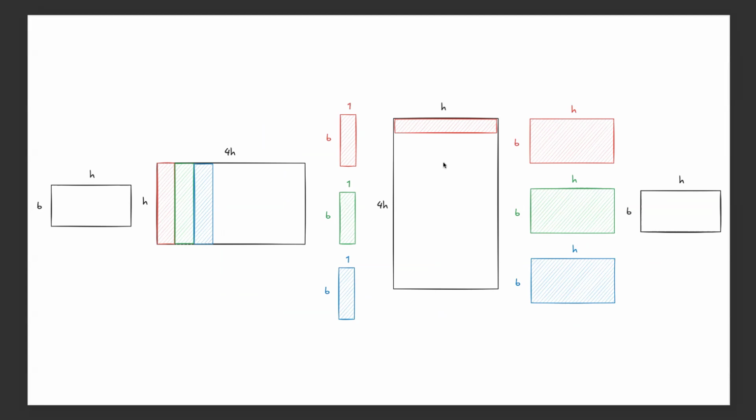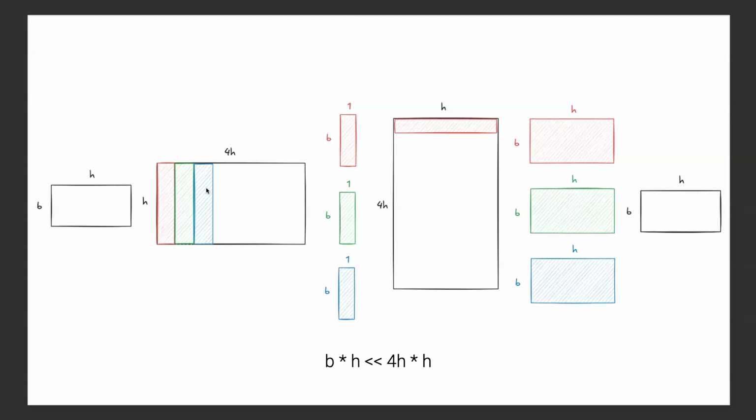Then when we do another multiplication, b by 1 times 1 by h, we get back a partial of the final b by h block on each GPU. And the benefit here is that b by h is much smaller than, well, I say here 4h by h, but really not 4h by h, b by 4h, right?